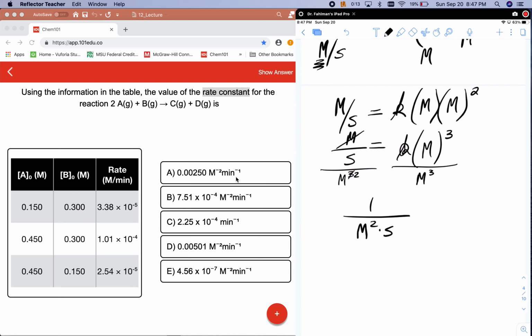Or I guess this is in minutes. So it's in units of time. I didn't read the question carefully, so it's per minute here.